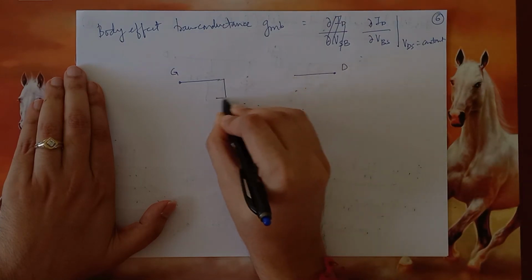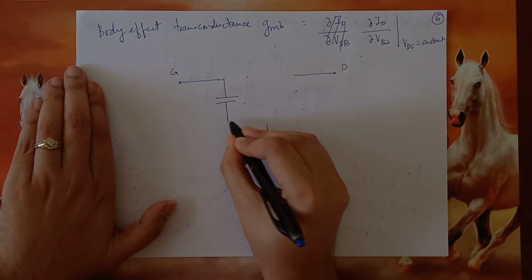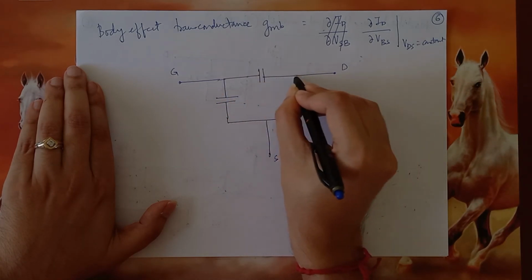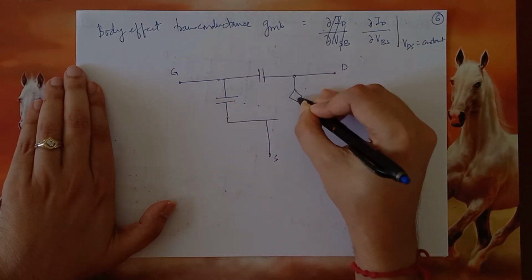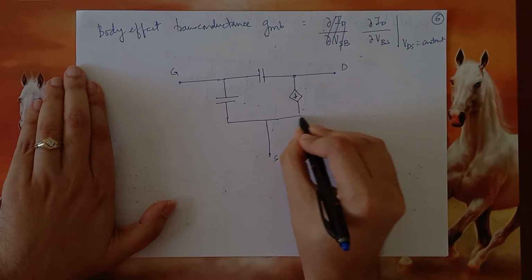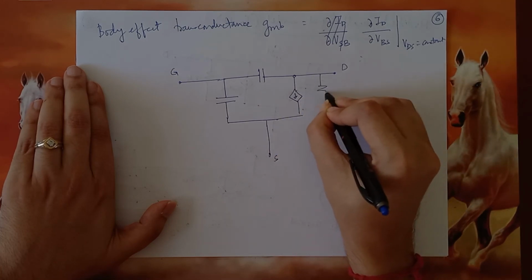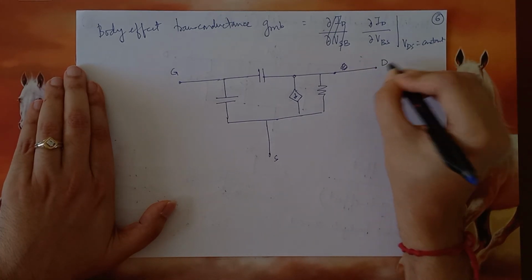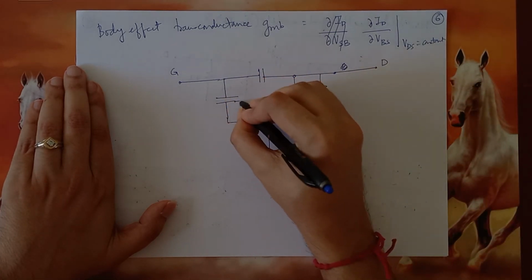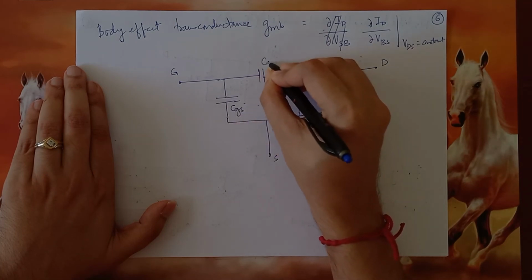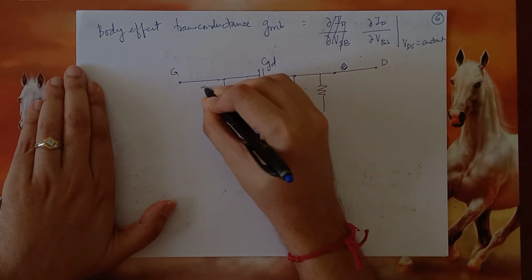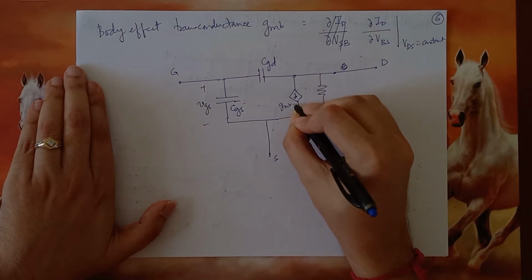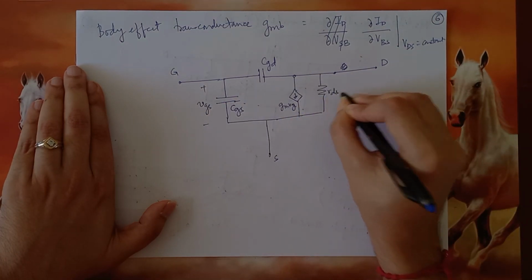We added one capacitor over here, one over here, CGS, CGD, this is VGS, this is GM VGS, this is RDS.